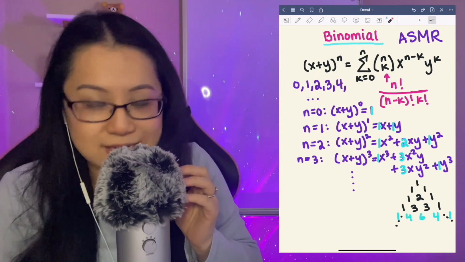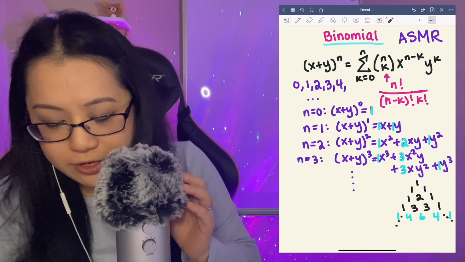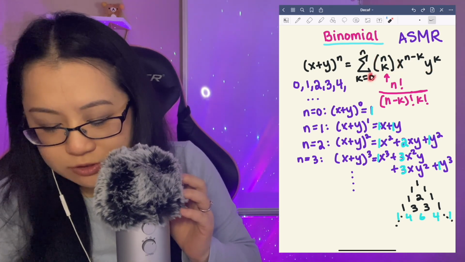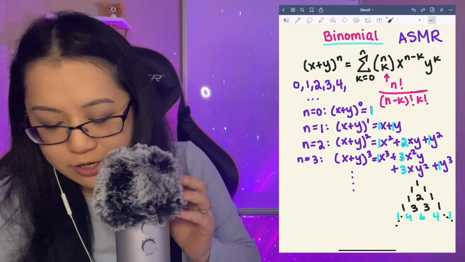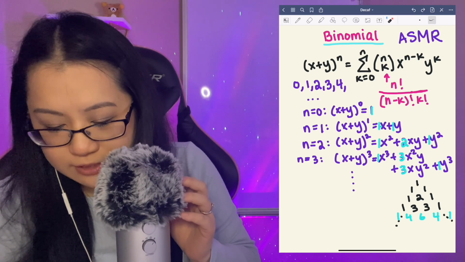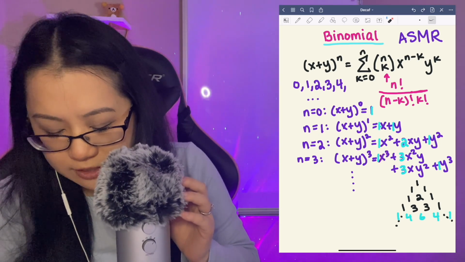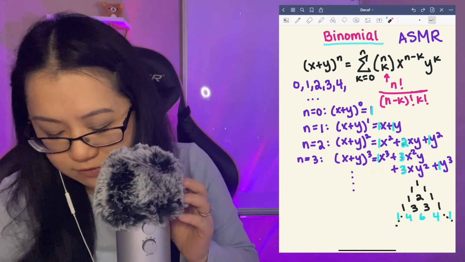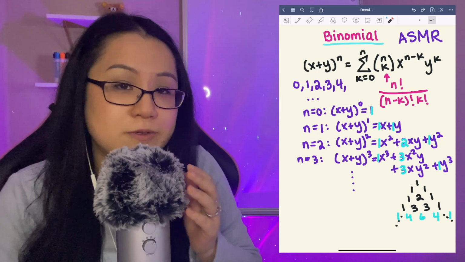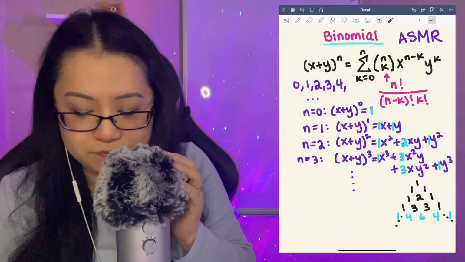If you look at this actual formula here, so this is the coefficient part, what we're basically doing is we're starting with k equals 0. So this goes away, this is 1. So we start with x to the n. So in the n equals 3 part, it's just x to the 3. If you're doing n equals 5, the first term would just be x to the 5th, etc. If you're doing n equals 10, the first term is going to be x to the 10.